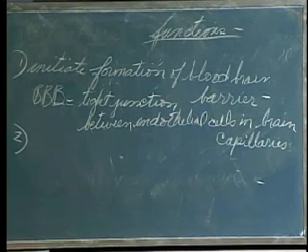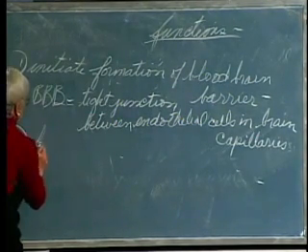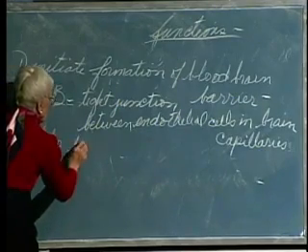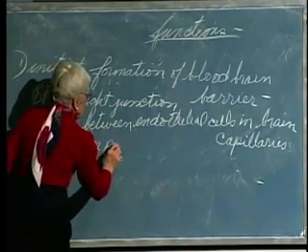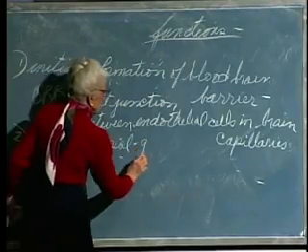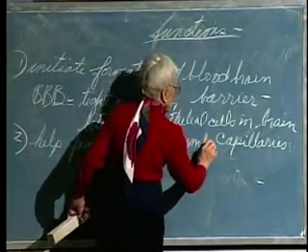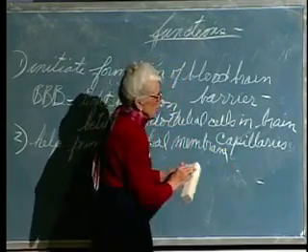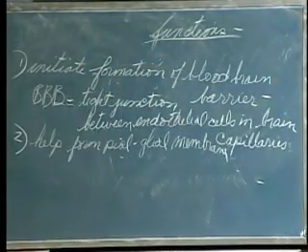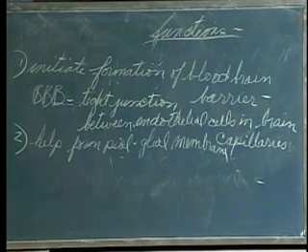The astrocytes help form the pial glial membrane. Now, what in the world is that? We talked about the membranes that protect the central nervous system. Well, the pia is the one that's adherent to the CNS.